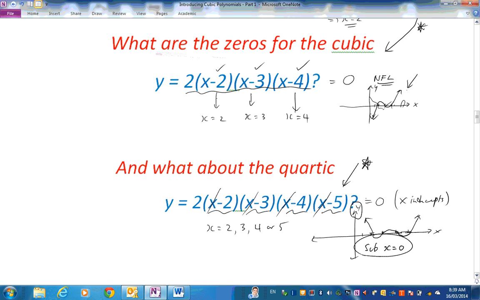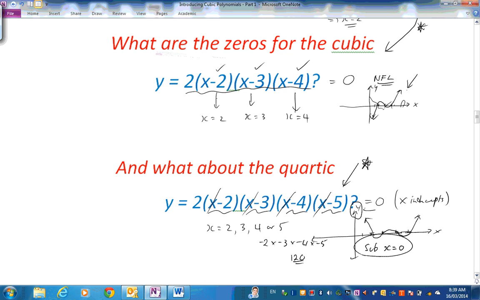Yeah. So here we are, -2 by -3 by -4 by -5. Yep, and so it's going to be plus 120. So we could do that, substituting x as 0 in each of them.